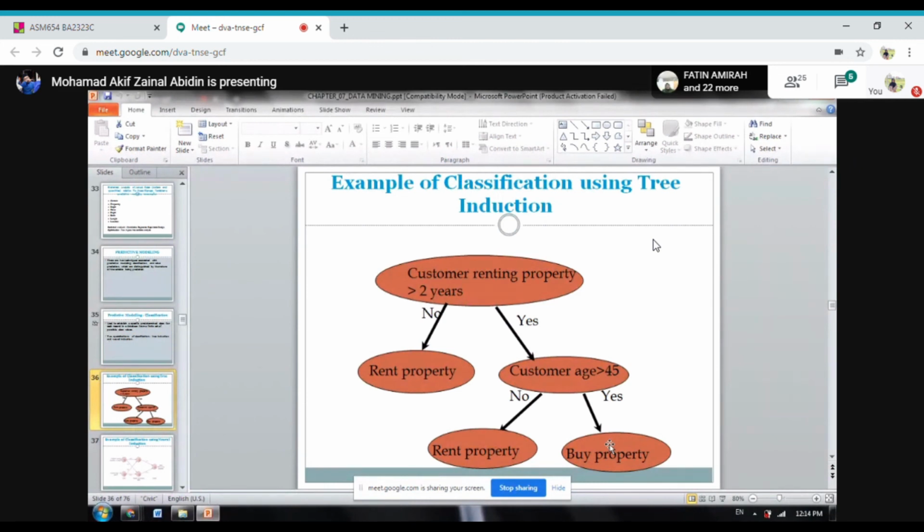But walaupun dia dah sewa lebih daripada 2 tahun, tetapi the age is less than 45, they will keep on renting. Okay, dia masih menyewa rumah. Okay, yang ni pun kita dah buat dalam kelas when I ask you to show decision tree guna J48. Okay, when we discuss about the group project, we have done this in WEKA also.